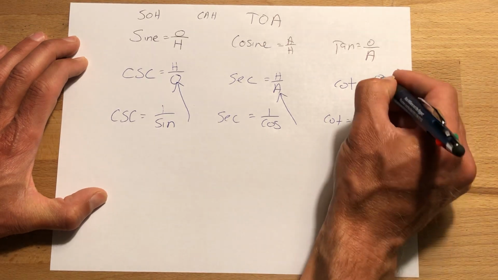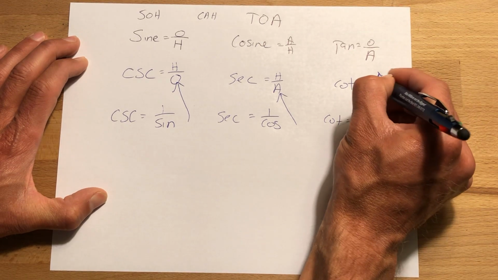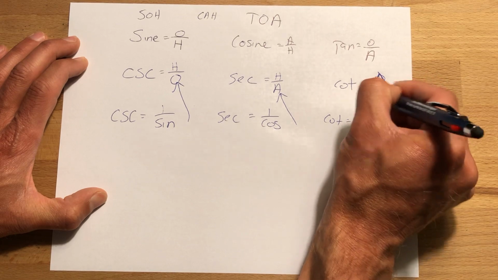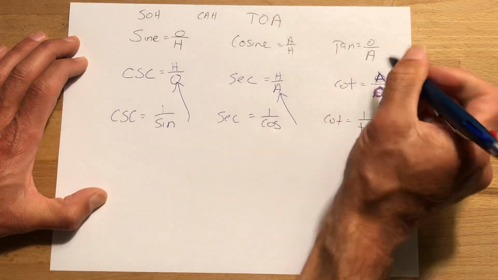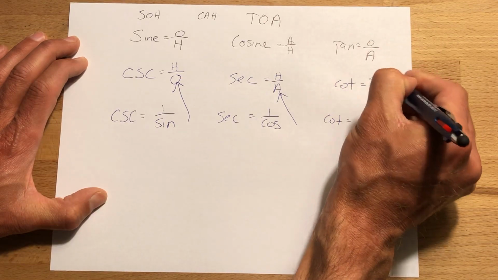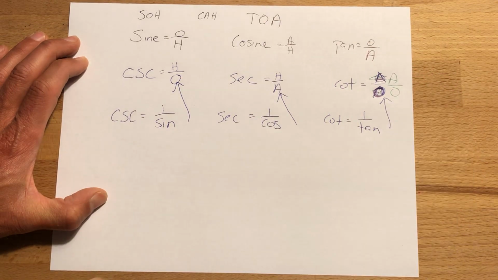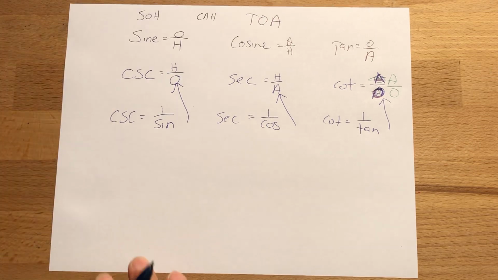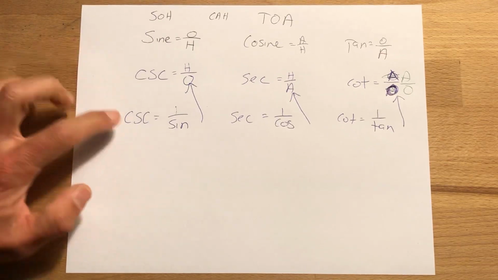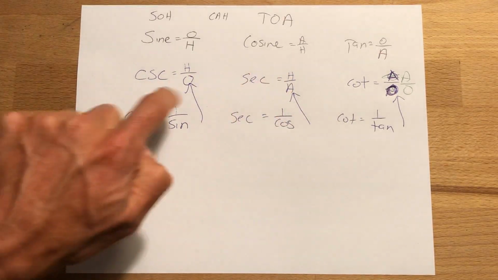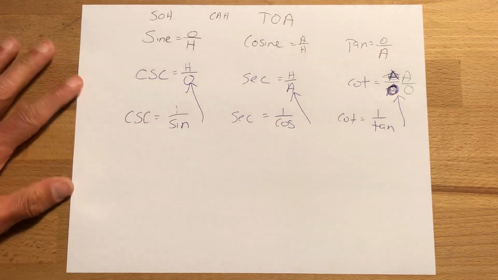I'm sorry, this is a over o. Let me do this in a different one. A over o. So these are the 6 trig functions. These 3 buttons you will find in your calculator. If you're looking for these 3 buttons, cosecant, secant, and cotangent, you will not find them.